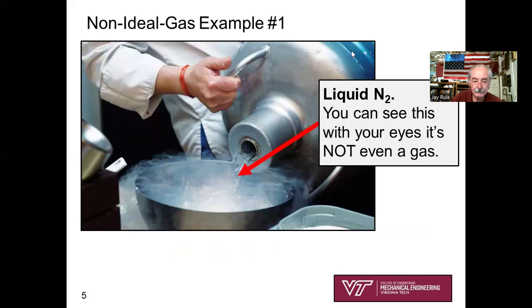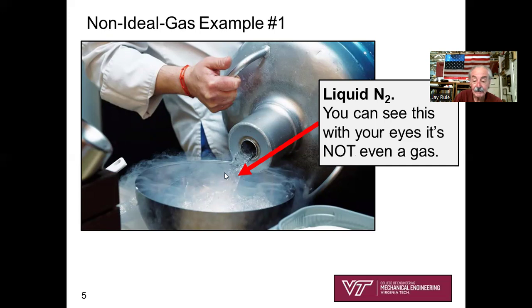So, for example, here's non-ideal gas example number 1. I was able to snag this image. Look at this. This chef, I believe, is pouring out of a well-insulated cask of liquid nitrogen into a vat, and when it comes out and hits the atmosphere, it immediately starts heating up, and so you can see this gaseous nitrogen, probably considered some vapor here because you can see it.